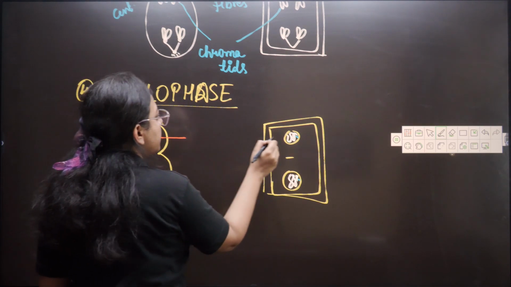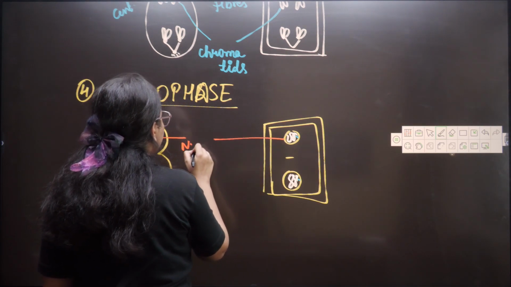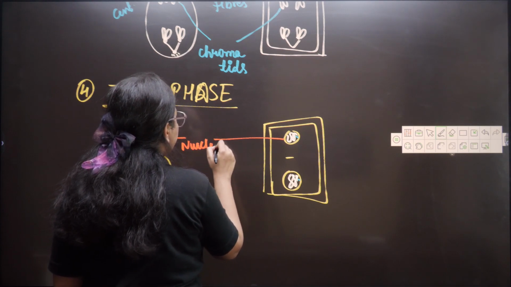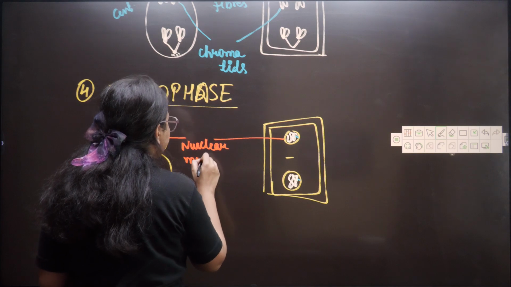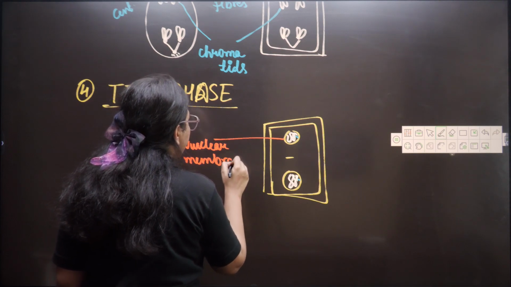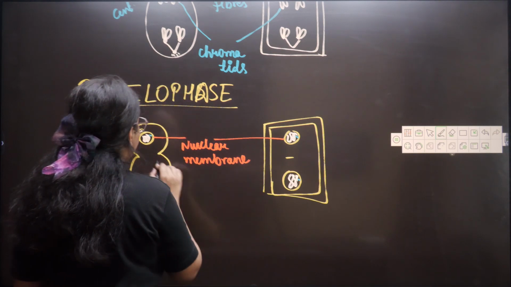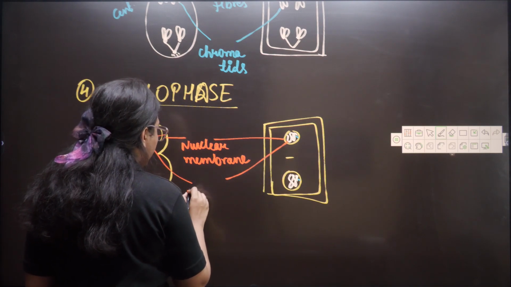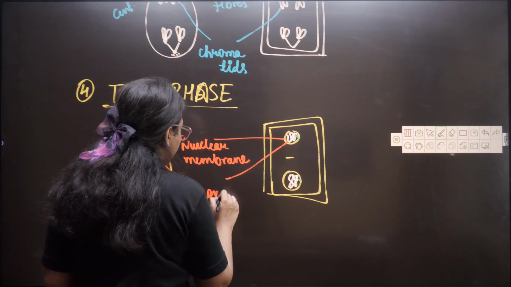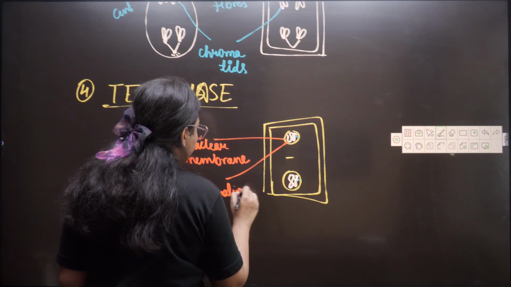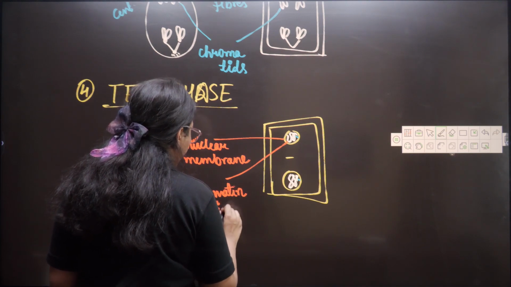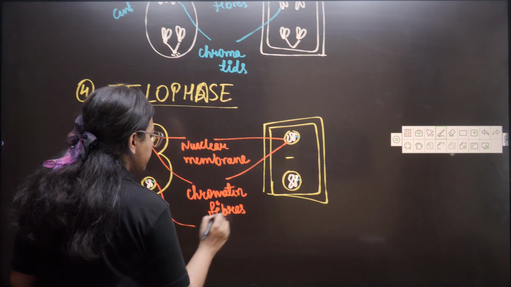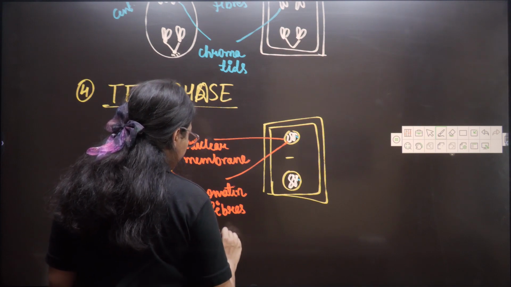So first of all, this is the nuclear membrane. Labeling is very important, keep it in your mind. Then this one is condensed chromatin fibers. There is nucleus.